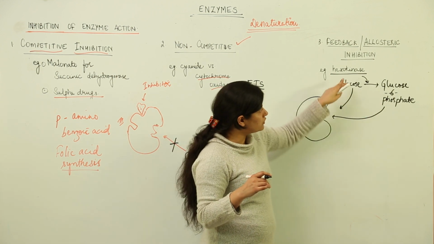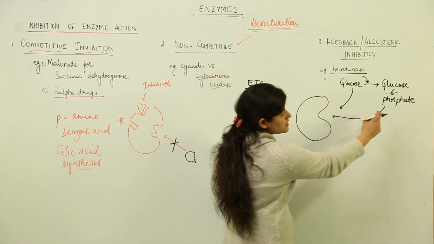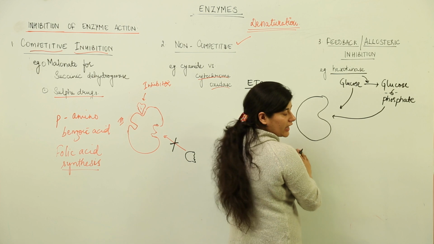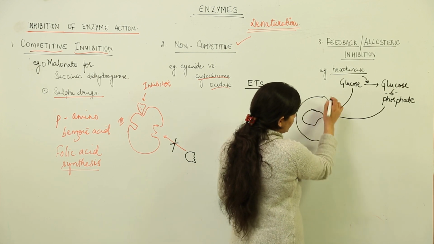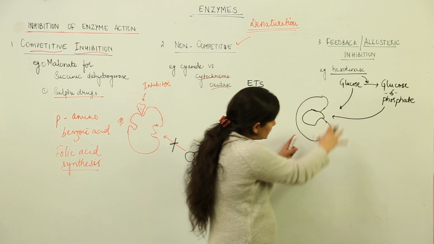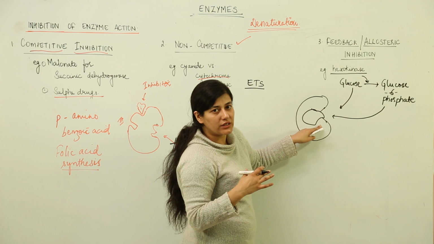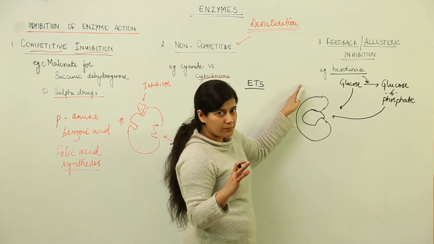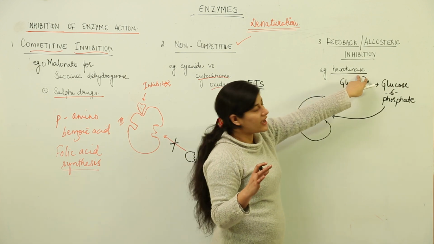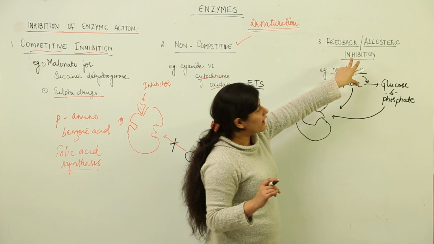But just in order to stop hexokinase from further breakdown of glucose, this glucose 6-phosphate would come and combine with this enzyme somewhere over here, and it would alter the activity of hexokinase and no more glucose would be able to combine with it. This acts as feedback to the entire metabolic process, that now hexokinase has to stop its activity. So this is feedback inhibition.